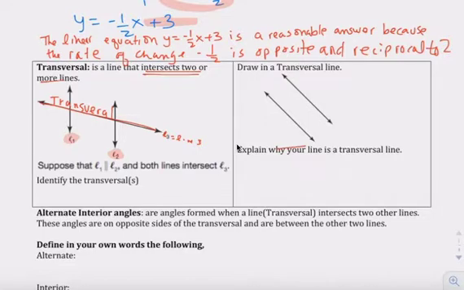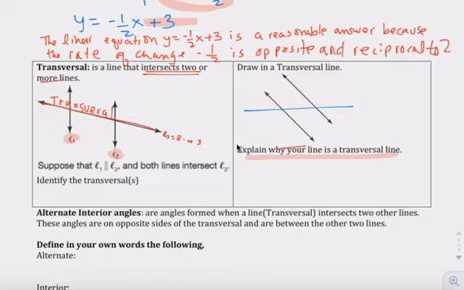Now draw a transversal line in here. Explain why your line is a transversal line. So some of you may just draw a line like that. That's also a transversal because it's going across these 2 lines.